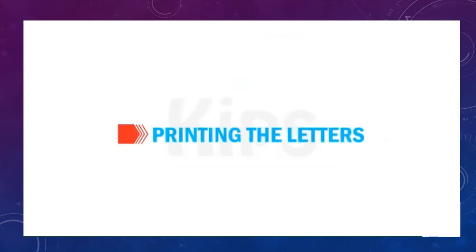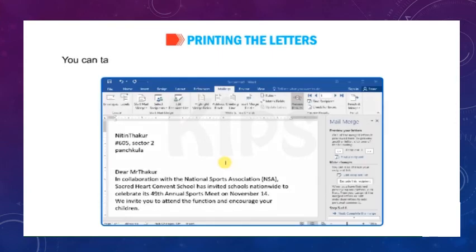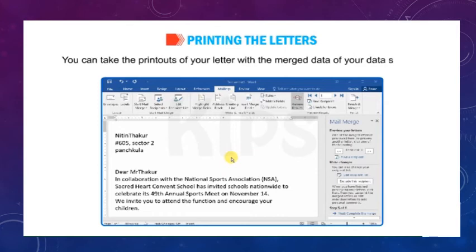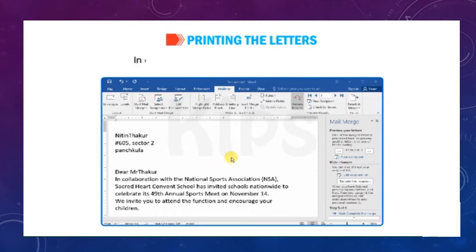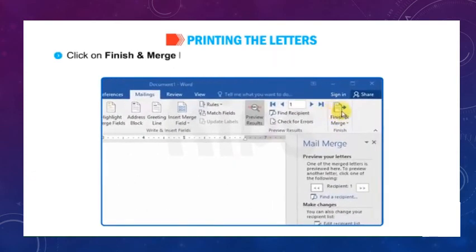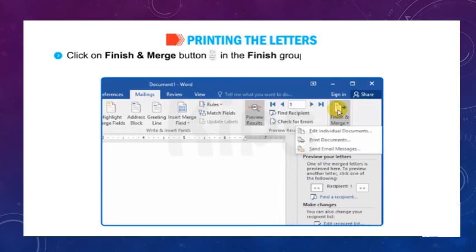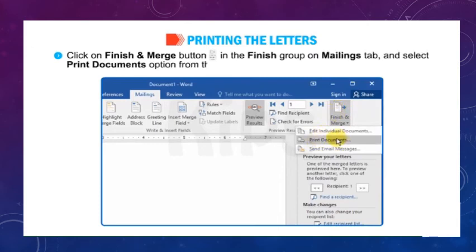Alright, let me now tell you how to print your letters. You can take the printouts of your letter with the merged data of your data source. In order to print the letters, follow the given steps. Click on the Finish and Merge button in the Finish group on the Mailings tab and select the Print Documents option from the drop-down menu.